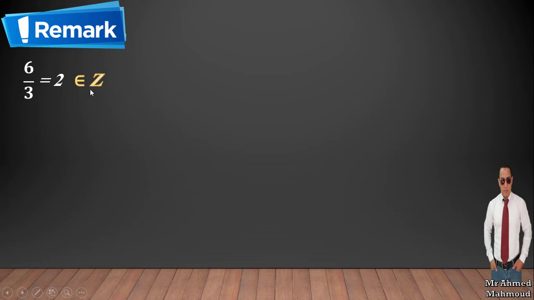So this number belongs to Z. So 2 is a rational number and at the same time it is an integer. Another example, 10/4. In the simplest form, if we divide up and down by 2, it equals 5/2. 5/2 doesn't belong to Z.